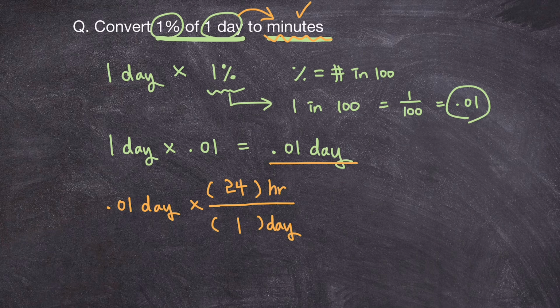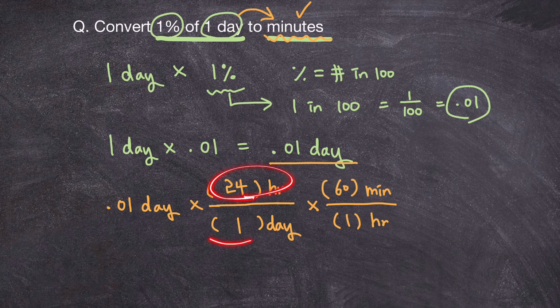So I'm going to put 24 hour instead of minutes, and then later on, convert hour to minutes by multiplying another fraction. And I know 1 hour is equal to 60 minutes.